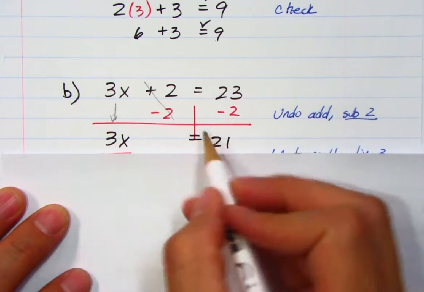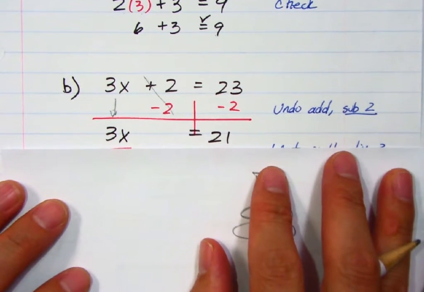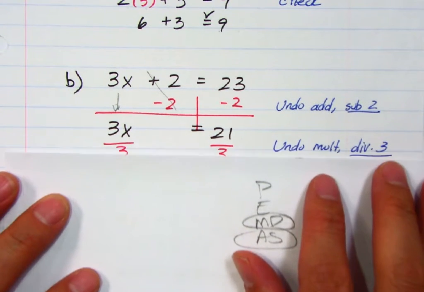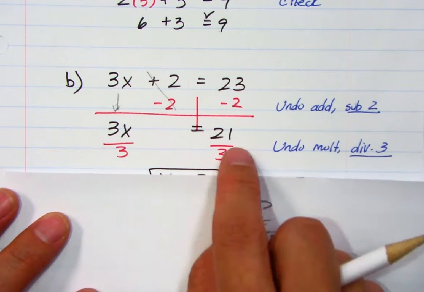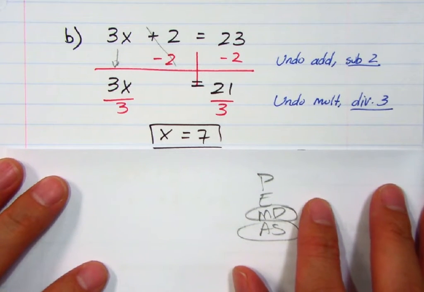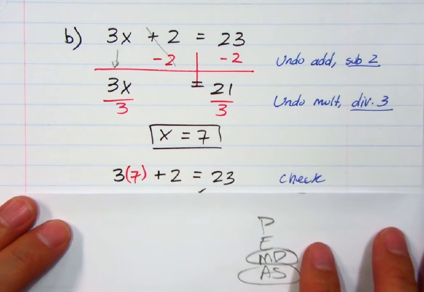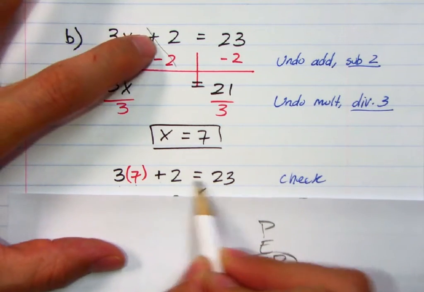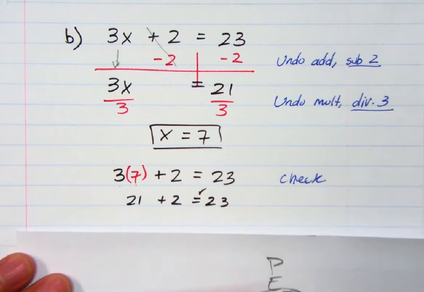And these two combine to give you 21. If I then undo the multiplication by dividing both sides by 3, I get 7 as an answer. Good. I just need to check my work. Go back and plug it in. 3 times 7 is 21, plus 2 should give me 23, and it does.